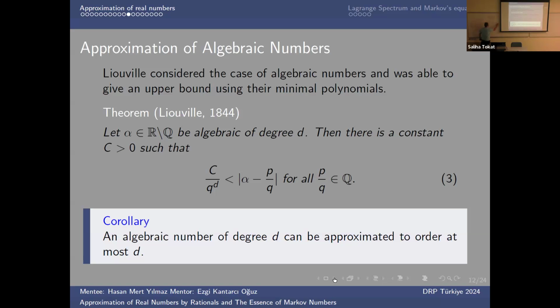Suppose alpha is approximated to order d plus epsilon, then this means q to the power of epsilon is smaller than c(alpha) over c. Then this is an upper bound for q, so there are no infinitely many such rational numbers.